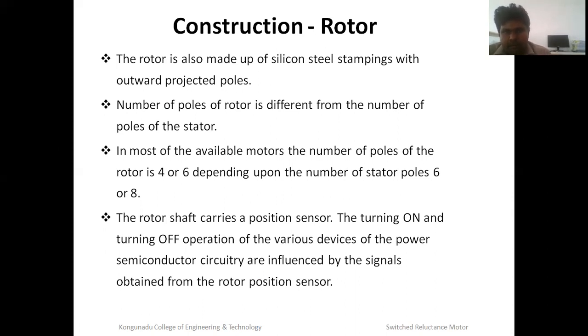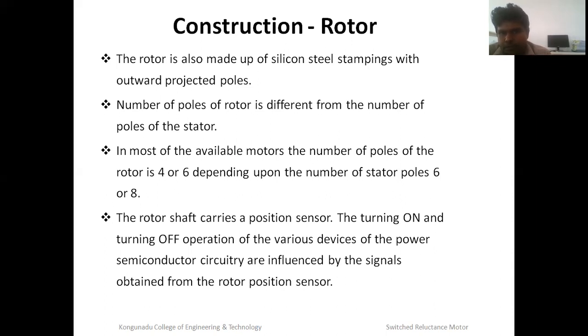For example, if the stator has 6 poles, we consider the rotor to have 4 poles. In some cases the stator has 8 poles and the rotor has 6 poles. But the rotor shaft carries a position sensor.